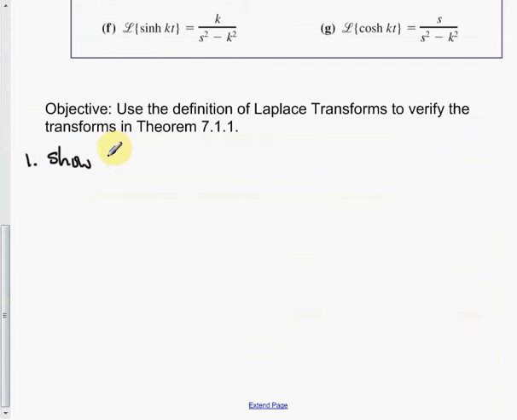So we'll show that the Laplace transform of 1 is equal to 1 over s. And s is some fixed number. So we start and show, and here, this is by definition.